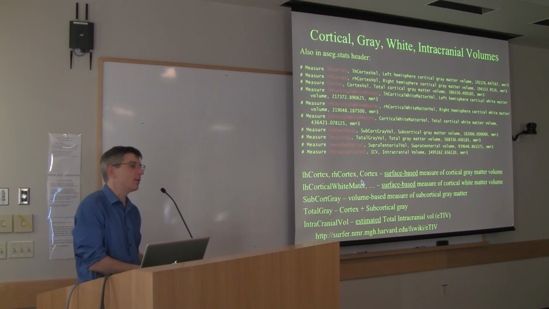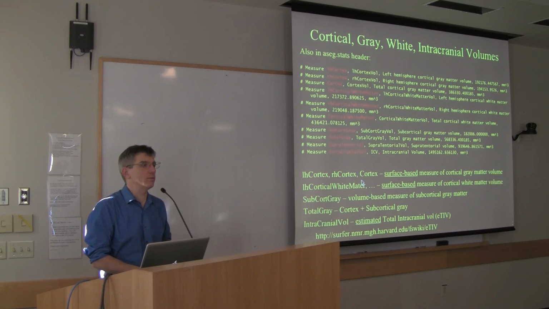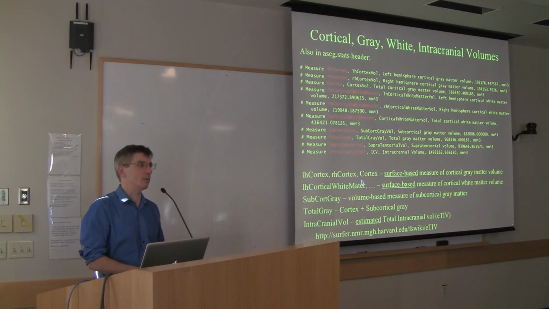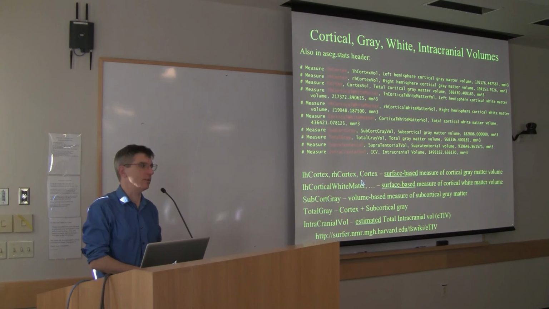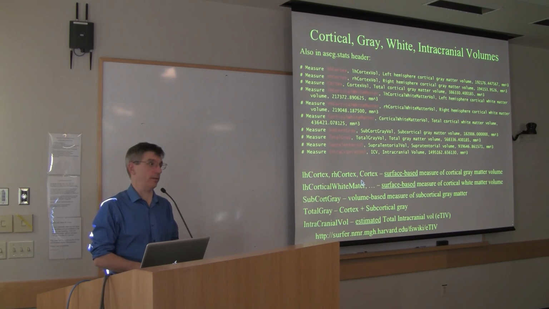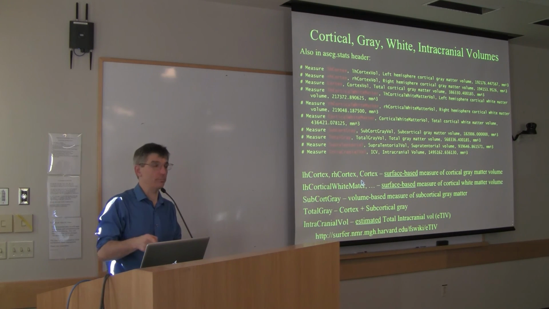The inferior method that we use is to register the subject with its skull, with the whole skull that you can't see, but the tissue on the outside of the skull, to a Talairach space. Based upon that registration, we create an estimated intracranial volume, and that is what shows up in this table.